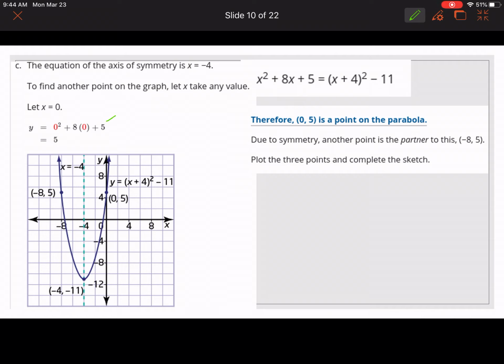So you could do it from here. That's proof that this is y. C equals the y-intercept, because when we have x being 0, it's going to make both of those terms 0. And then due to the symmetry, we can count in this direction by 4, count in that direction by 4, and we're going to get -8.